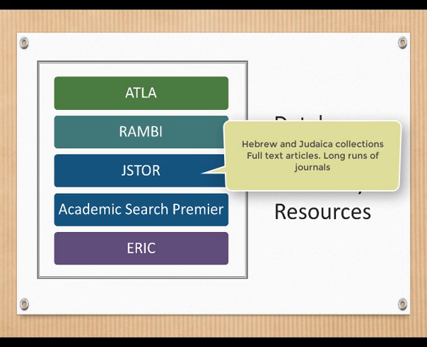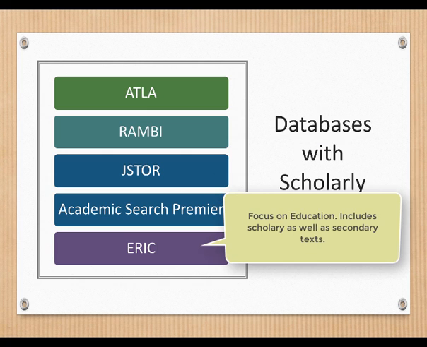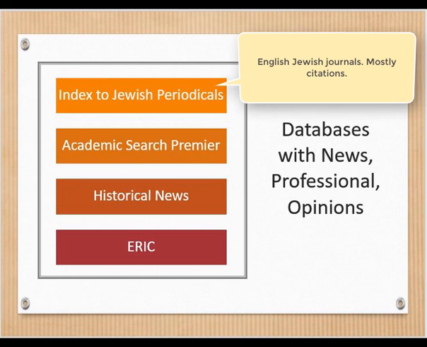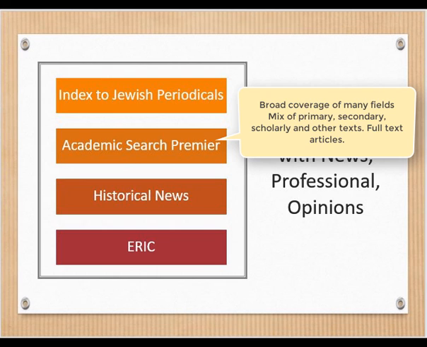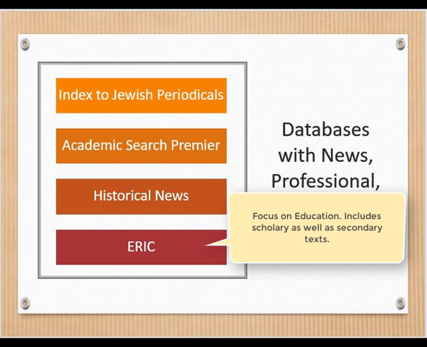The first batch are those that include scholarly articles, and the second batch are those with that lovely everything else category. And again, with the exception of ERIC and Romby, all of these must be accessed from on campus or through the Jewish Studies portal.